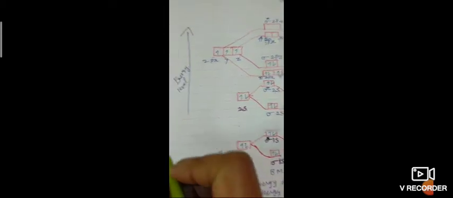So sigma 1s has 2 electrons, sigma star 1s has 2 electrons, then sigma 2s, sigma star 2s. The 2p orbital has 3 orbitals: x, y, z. So 2px and 2py have 2 electrons each. Next is 2pz, which is sigma overlapping. This is the order for the molecular orbital energy diagram of the nitrogen molecule.